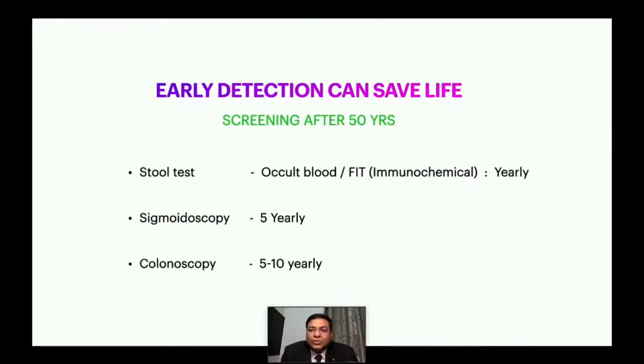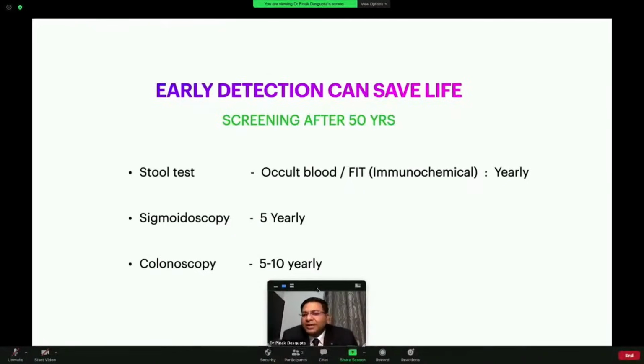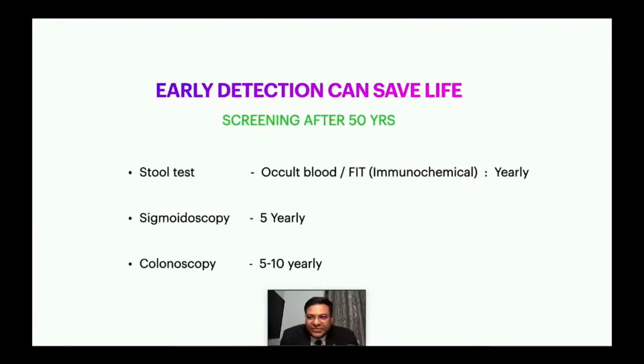So what are the tools we use for screening? It is a simple stool test, which is the stool occult blood test, or the FIT test, which is the immunochemical test, which is more sensitive and more specific and is used nowadays. So the stool test is advised yearly.